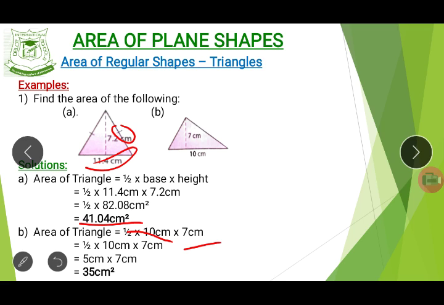Then 5 times 7 gives us 35 centimeters squared, because we are dealing with area. It has to end with square, because centimeter times centimeter will give us centimeters squared.